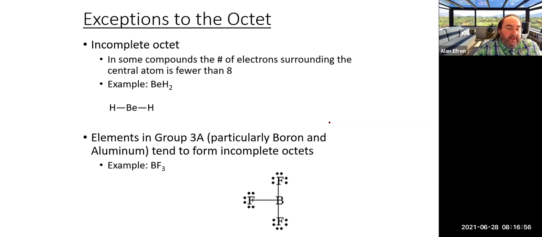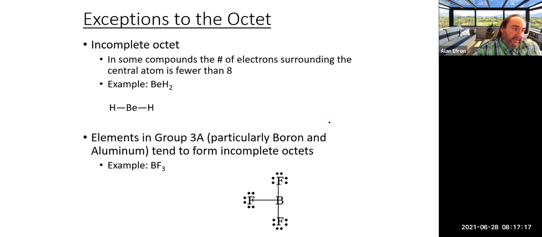The one that we come across the most would be boron. Boron, right there, right where that staircase comes to the corner above aluminum on the periodic table. It is perfectly fine with less than 8 electrons around it.